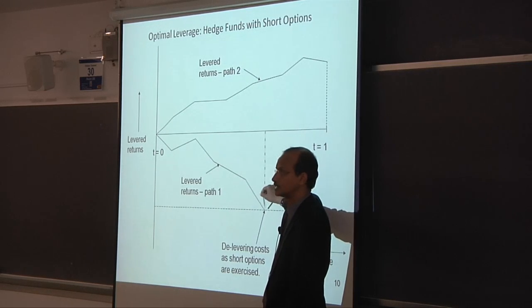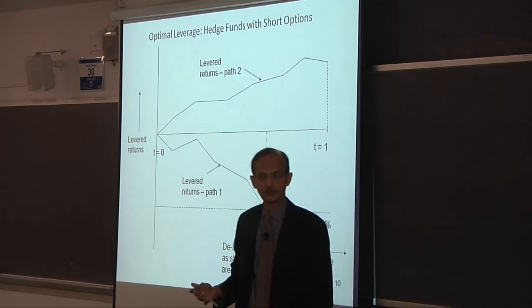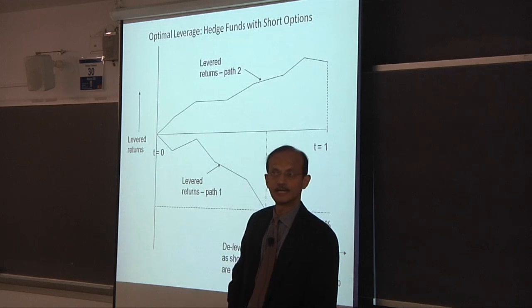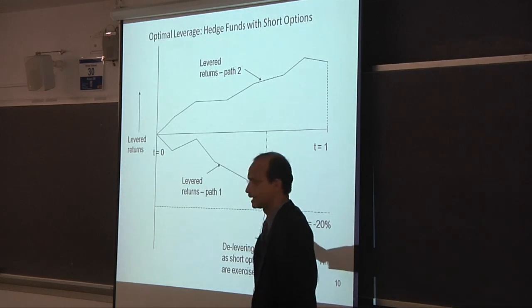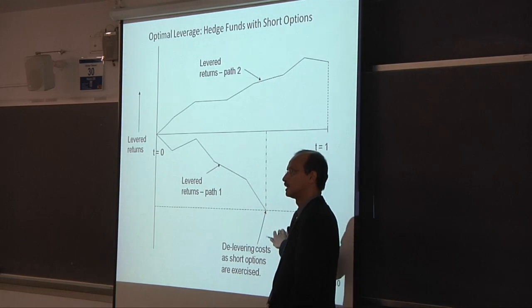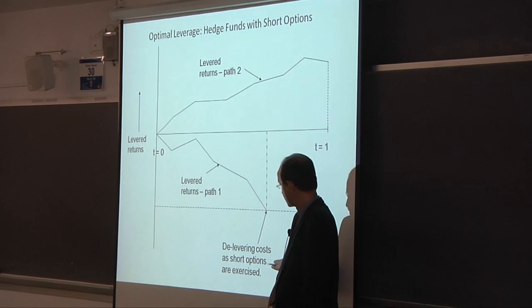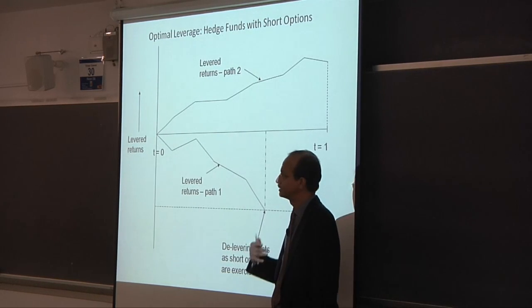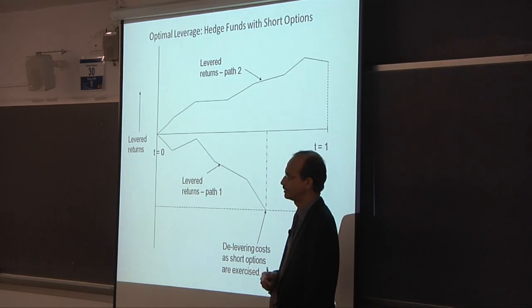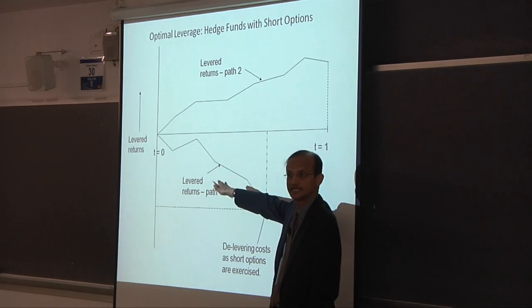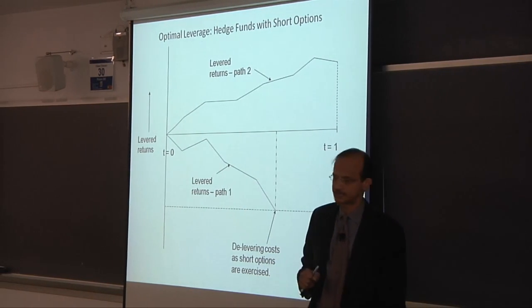That means prime brokers are going to step in, they're going to increase the margins, investors are going to demand their capital back, and you get shut down. And when you get shut down, the deleveraging cost depends upon the style of your portfolio and the underlying liquidity of your portfolio, so the leverage would be influenced ex ante by those considerations as well.